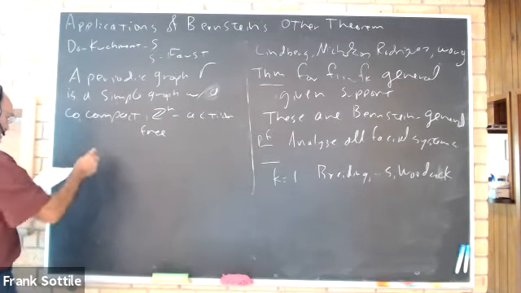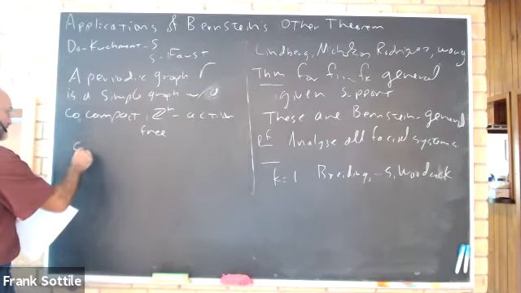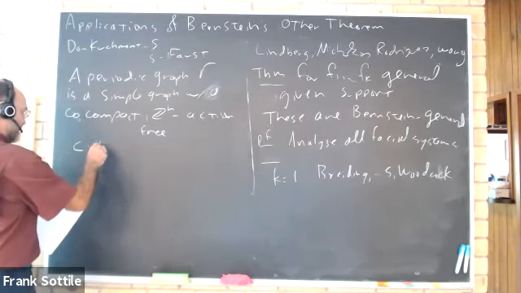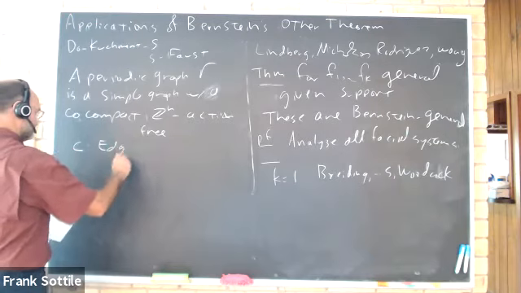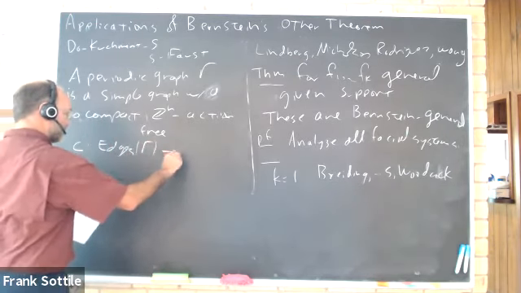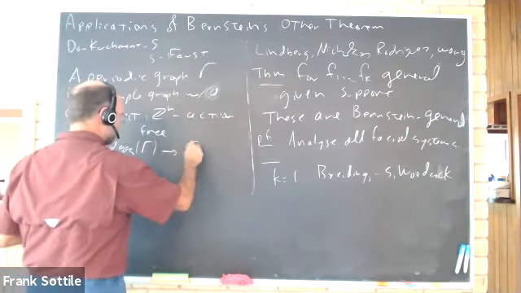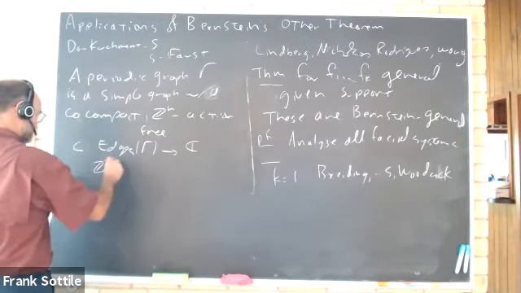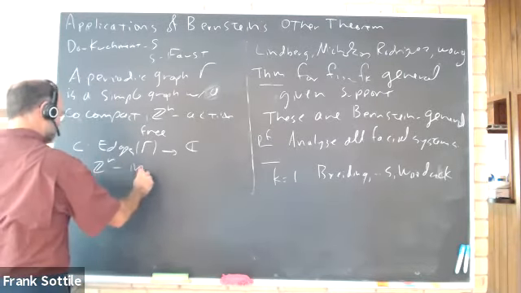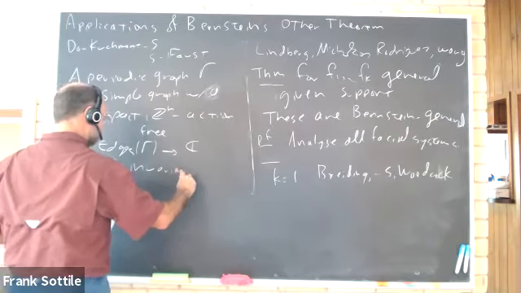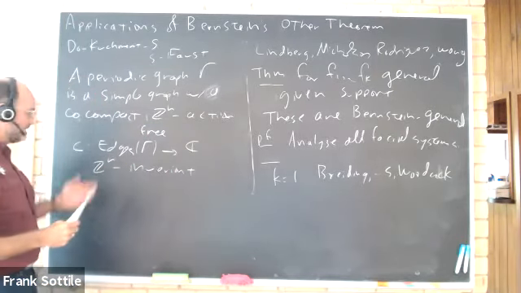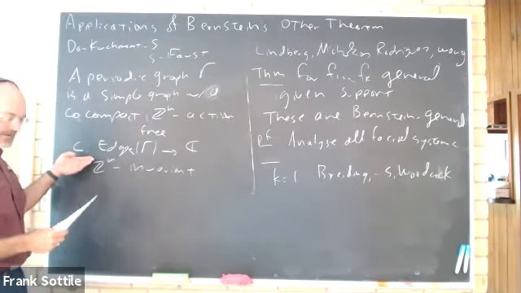And then what you do is, given this, you use a function from the edges of gamma to R or C that's Z^n invariant. This is a labeling, and so it's constant on every orbit.